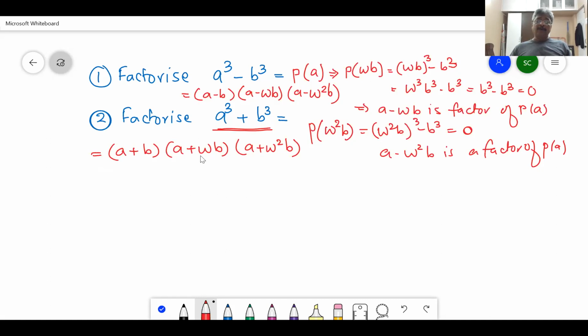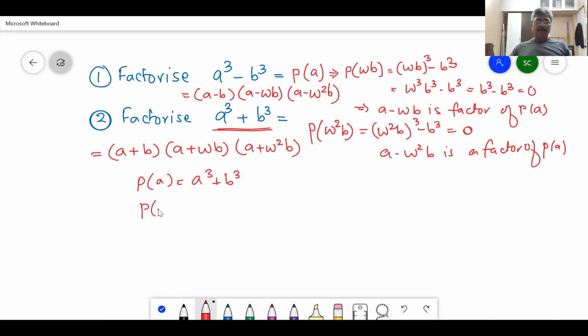But then how do you get this? You substitute a equal to opposite of omega b. Let me complete. P of a is equal to a cube plus b cube.